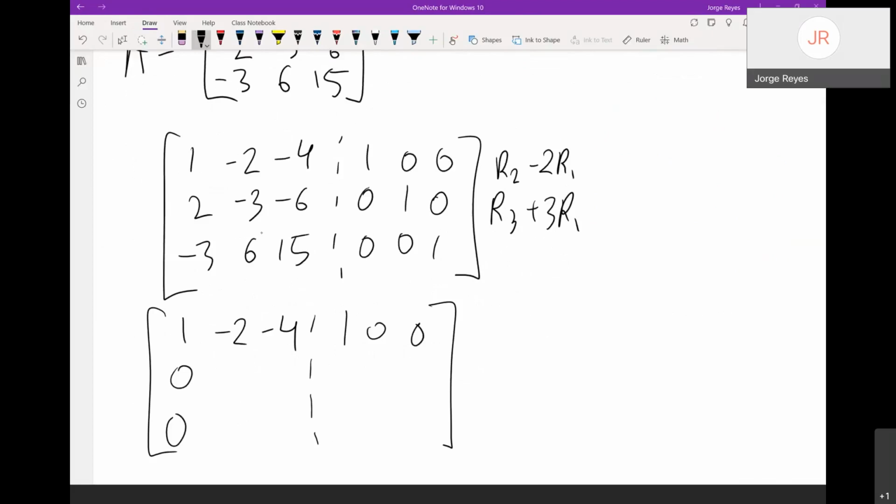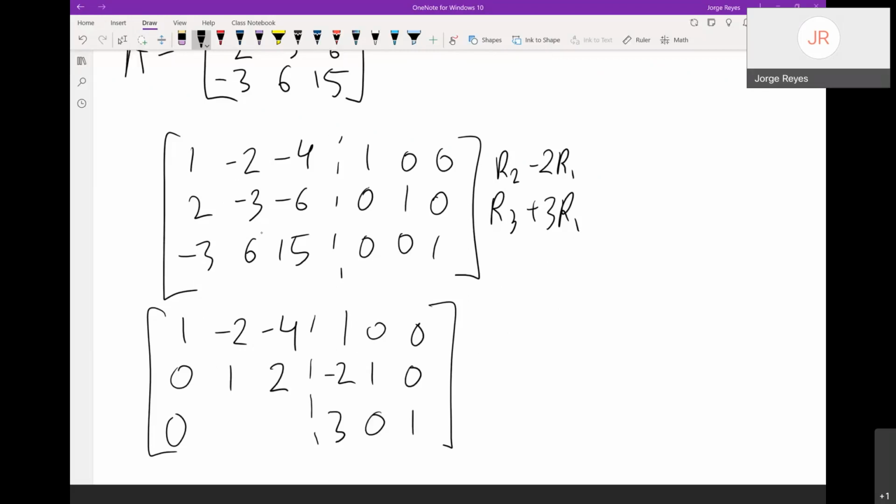So, subtract -2. So that's going to be a 4, -3, so that's going to get a 1. -2, so that's going to be 8, right? 8 minus 6 is 2. All right. And then this is going to be -2, 1, 0.